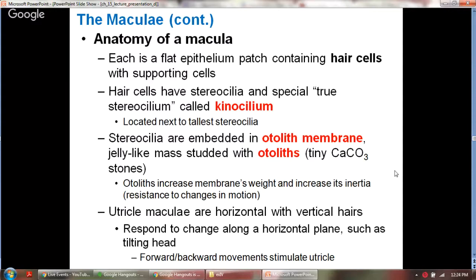They're located next to the tallest stereocilia. These stereocilia are embedded in the otolith membrane, which is a jelly-like mass studded with otoliths, that is, tiny calcium carbonate stones. What otoliths do is increase the membrane's weight and its inertia, that is, the resistance to change in motion.